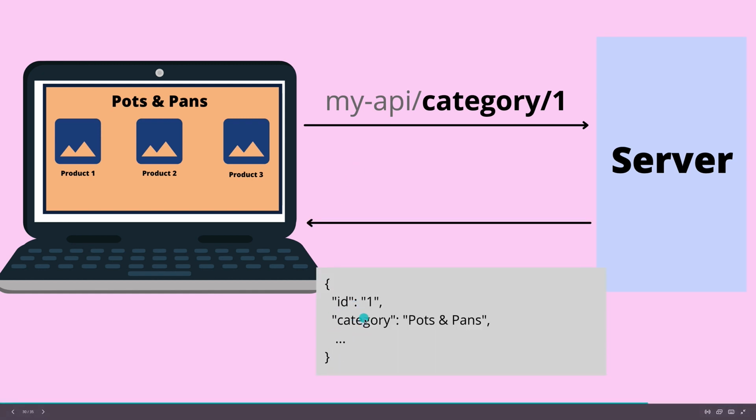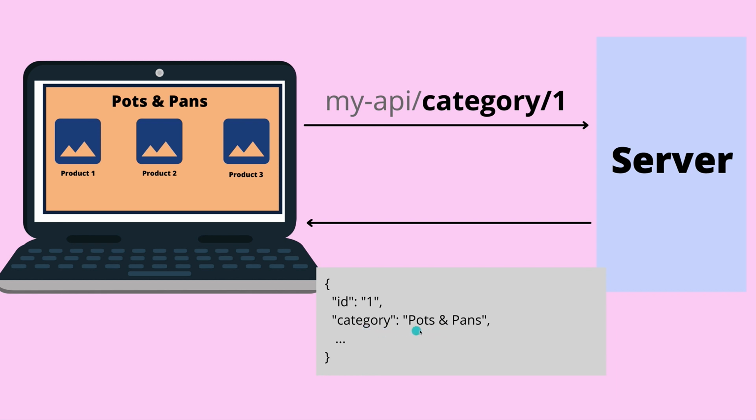So it could be the ID, and then it also could be the category name, and then maybe some other information. But you can see here that this is not the data that we need. This is part of the data that we need. We do need information about the category, but we also need information about the products. So you can see here that we're, to a certain degree, underfetching the data that we want.